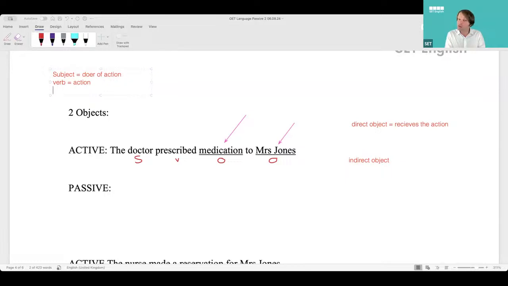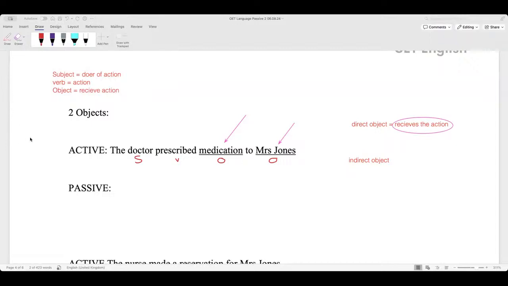Verb is the action. And then the object is the receiver. So usually the object is just receiving the action. Does that make sense, everyone? What does receive mean? Receive, get, obtain, take.